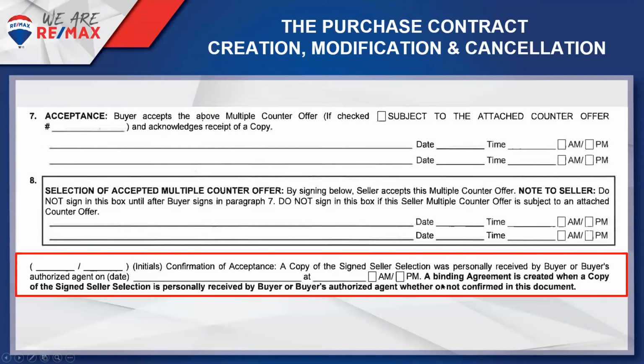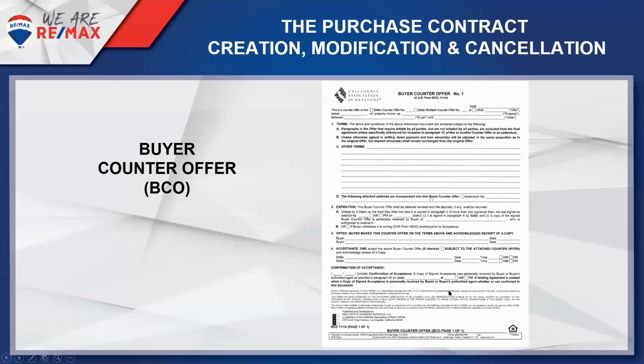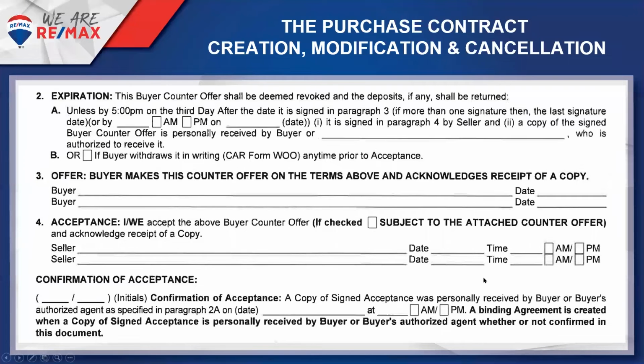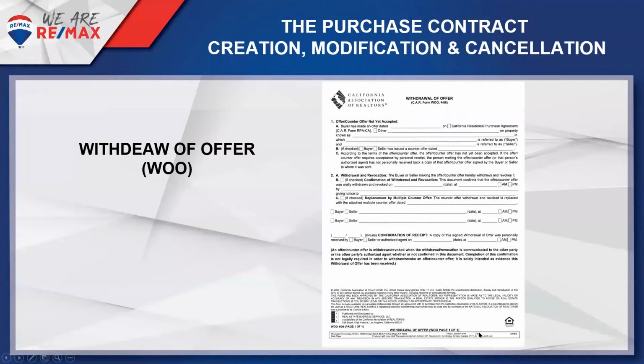Okay, and again, there's the confirmation at the bottom of the form, which is nice to have, but not necessary to create a binding contract. The buyer's counteroffer is very simple. It basically mirrors the seller's counteroffer that we reviewed in some detail before, so that's pretty straightforward. The withdrawing of an offer, again, I mistyped withdraw. I apologize.